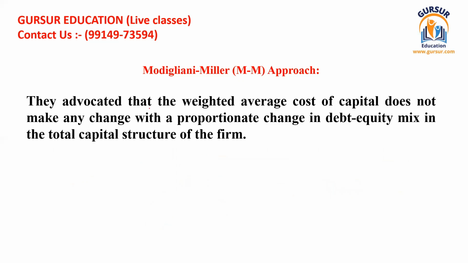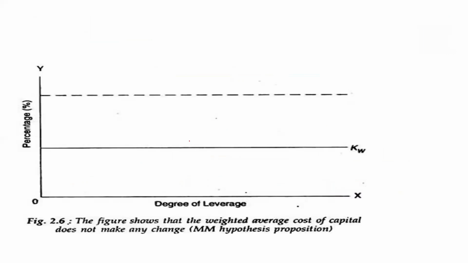So they advocated that the weighted average cost of capital does not change with the proportionate change in debt and equity mix. So you can see that whatever the degree of leverage, the overall cost of capital shall always remain the same.